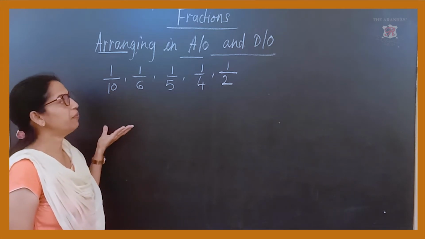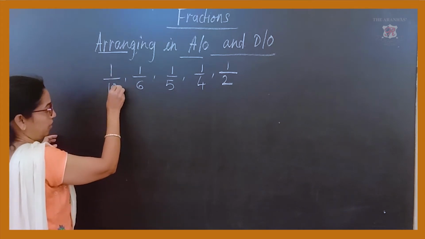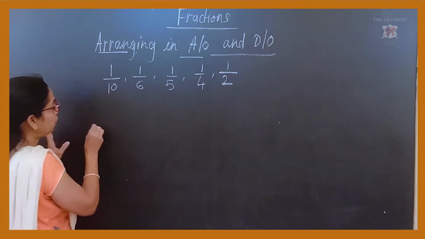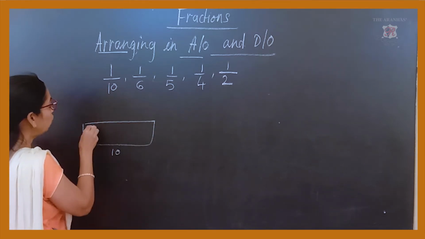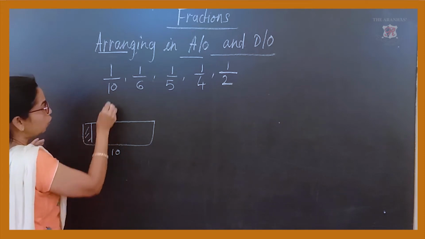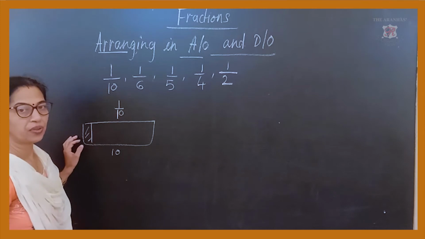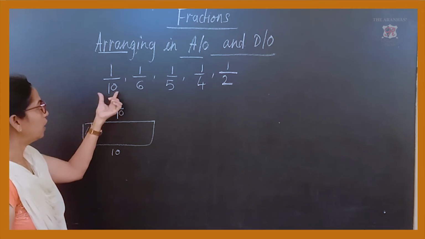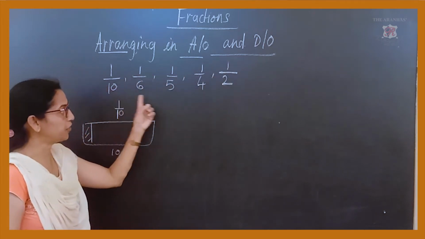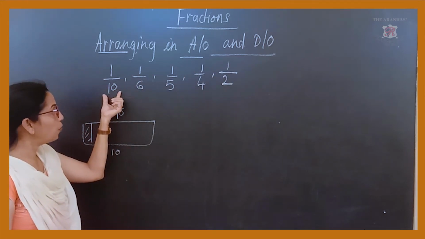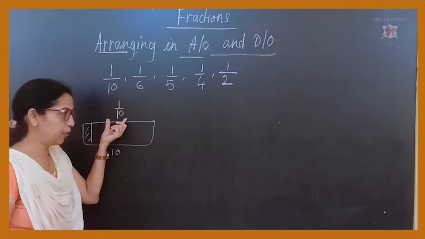So easily you can find out, suppose there is 1 out of 10, isn't it? If you have 10 parts and out of that 10 you are taking only 1 part, then 1 upon 10 will be the smallest fraction. As we have seen, for such unit fractions, the bigger the denominator, the smaller the value.